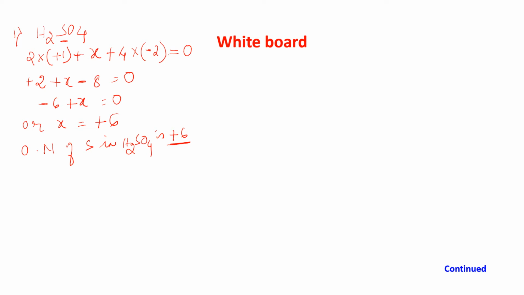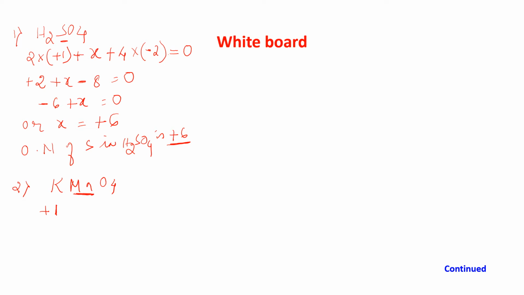Number 2. Number 2 question is given KMnO4. Please go back and see the question. Mn is underlined. Now again it is a molecular equation. It's a neutral molecule. So the sum of the oxidation number of all the atoms will be 0. So potassium is the alkali metal. Its oxidation number is plus 1. See the rules. Manganese we have to find out.